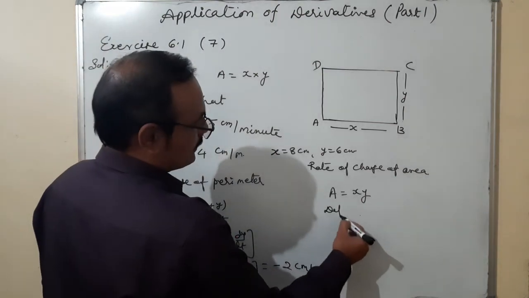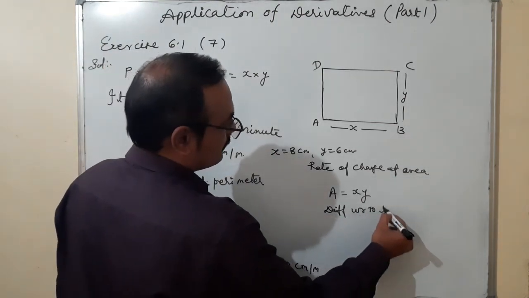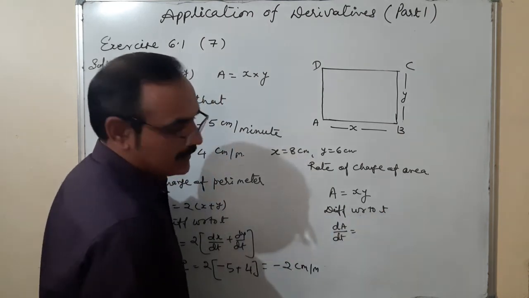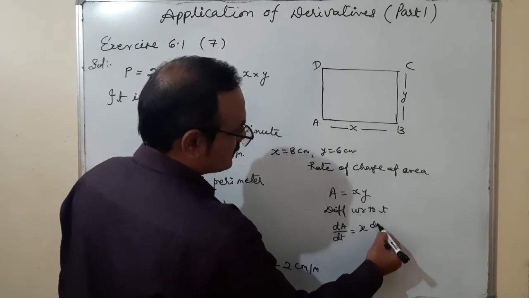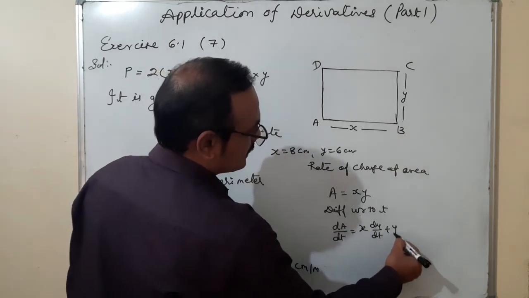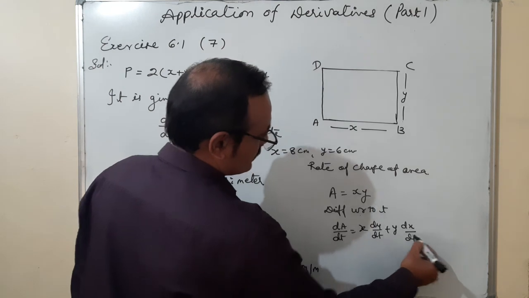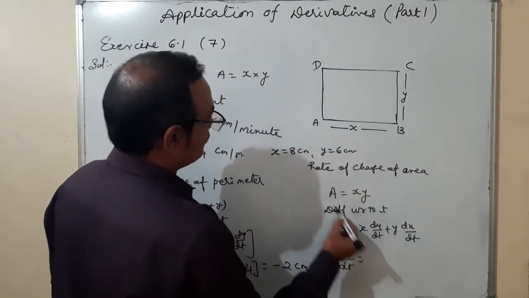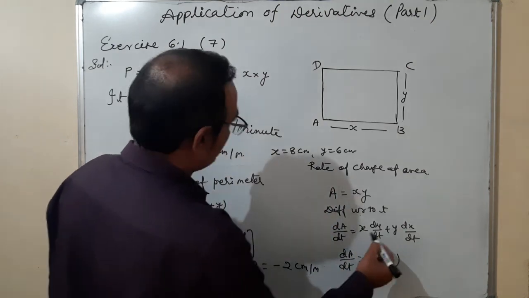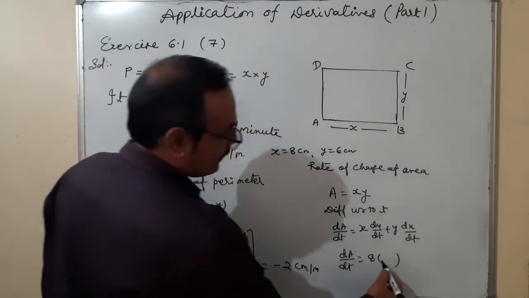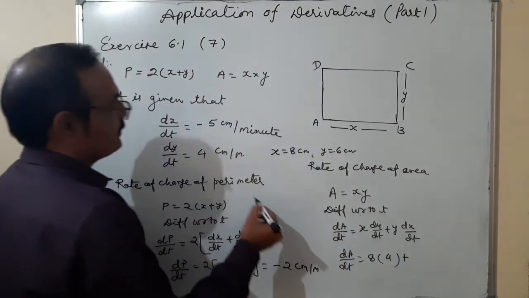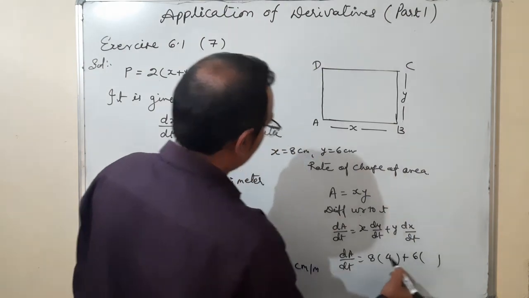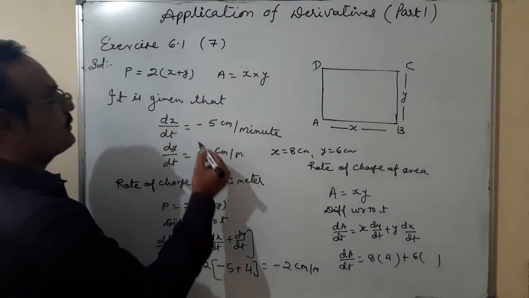Differentiate with respect to t. dA/dt, the product rule will be applied here: first function, differentiation of second function, plus second function, differentiation of first function. dA/dt is equal to x, the value of x is 8, dy/dt 4, plus y is 6, and dx/dt is coming minus 5.